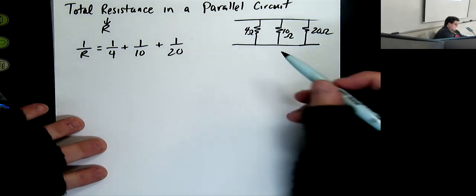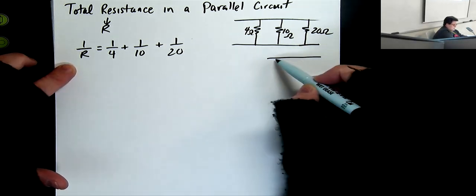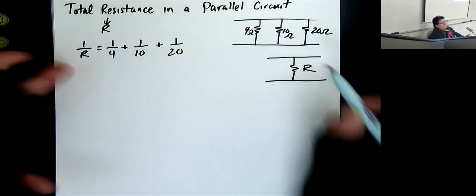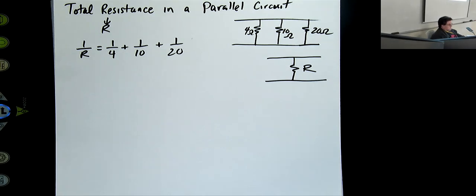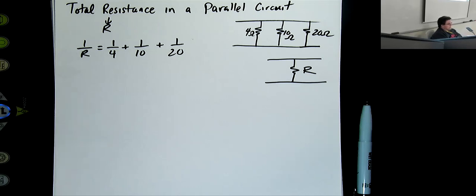What this means is we can figure out the total resistance and replace that one circuit with just one resistor with this new value R. So if you do anything in electronics, that's what's going to happen. This is our equation now, and it's fractions.